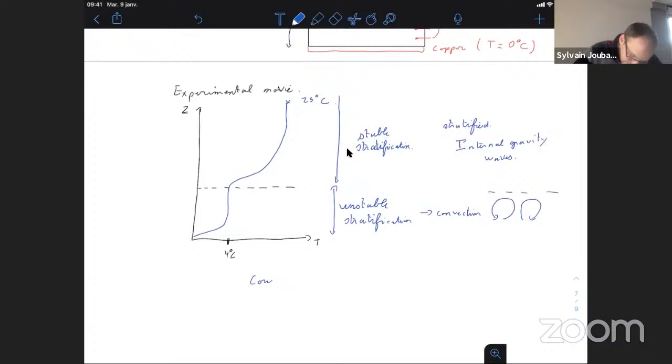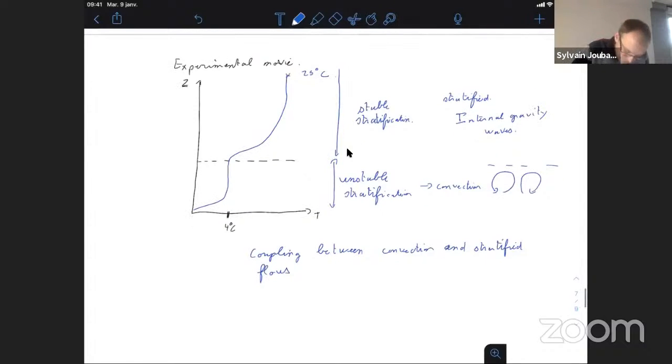So coupling between convection and stratified flows in this system. And still it's an ongoing question, I don't have any answers. You can see below it was well mixed because of the convection.